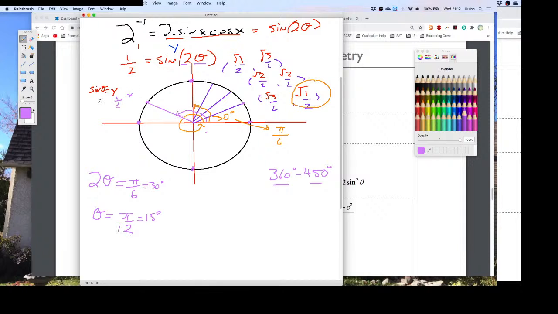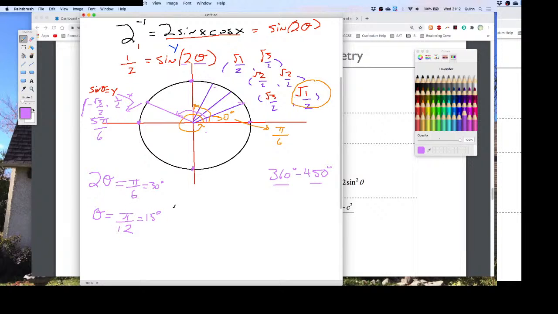The coordinate at this point is negative square root 3 over 2, comma, 1/2. Okay? So not only do we have pi over 6, we have pi over 6. So 1, 2, 3, 4, 5. So this angle here is 5 pi over 6, or 150 degrees.